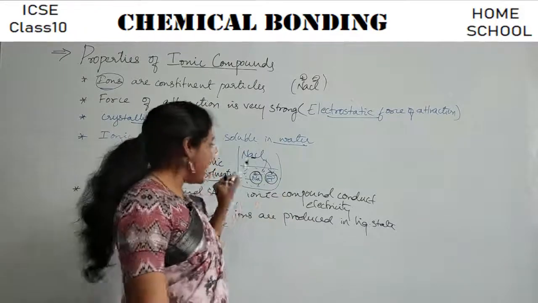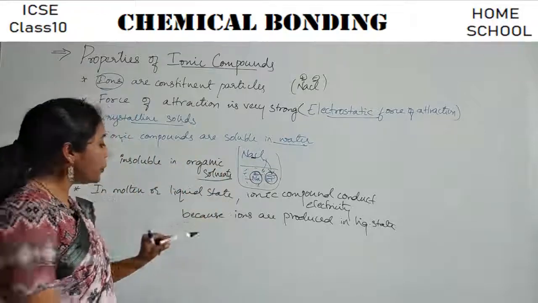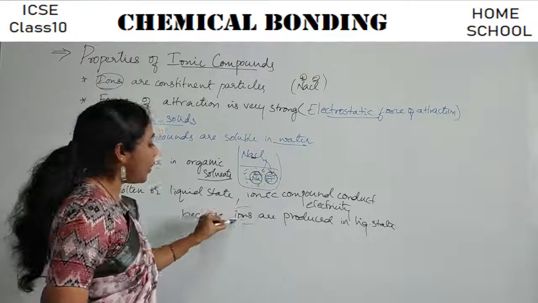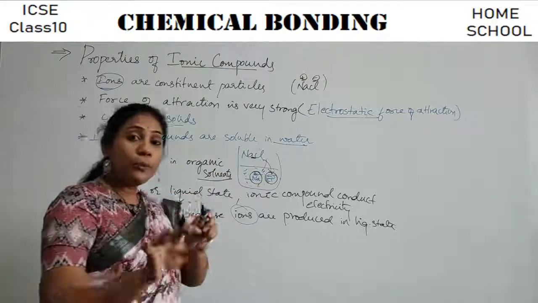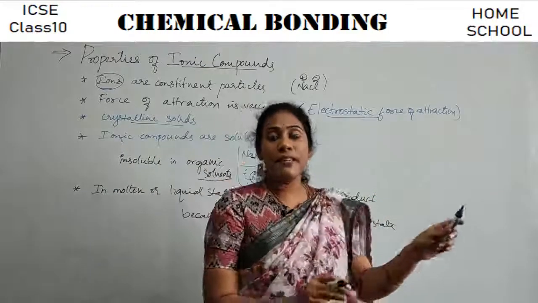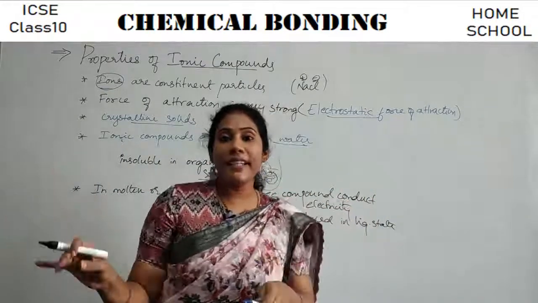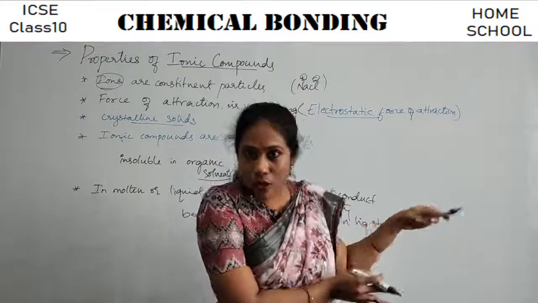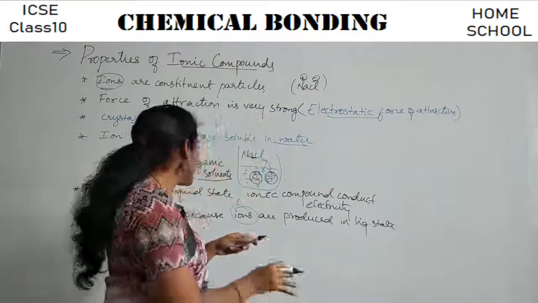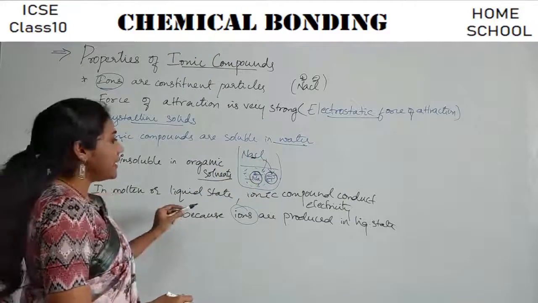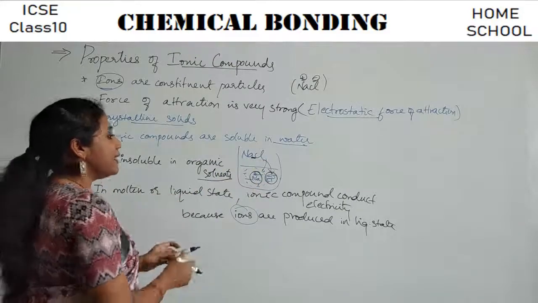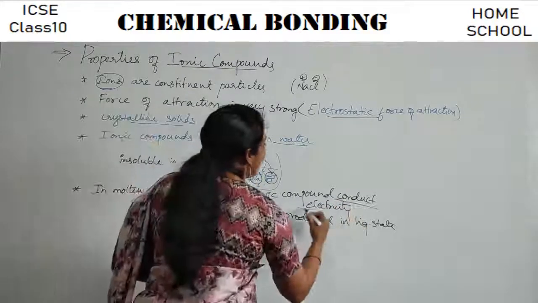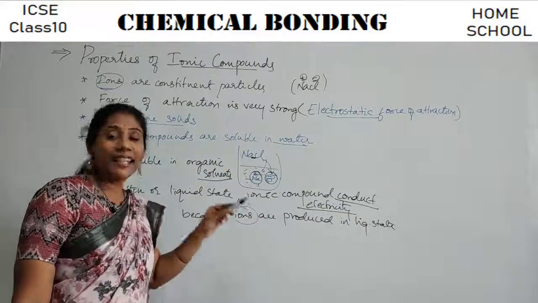Since an ionic compound produces ions, these ions can move from one place to another, and when you supply electricity, they can carry that electric current from one place to another. That's the reason we say ionic compounds are good conductors of electricity in liquid and molten state.